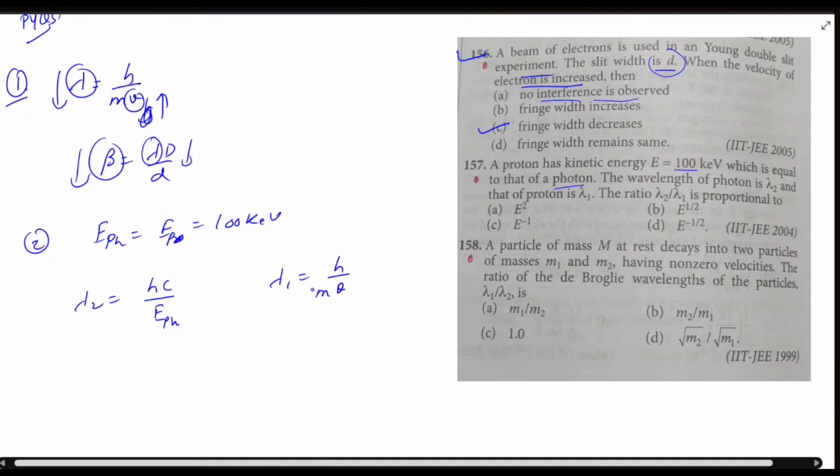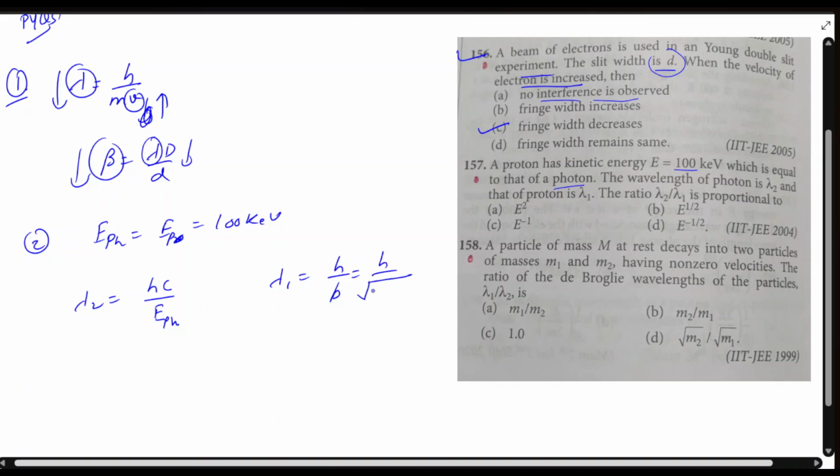Or we can say it as p, momentum. The formula of momentum in terms of energy is root 2mE, right? And these both are equal, so we'll just consider it as hc upon E, and this is h upon root 2mE, right? We need to find lambda 2 upon lambda 1, so let's just divide them.